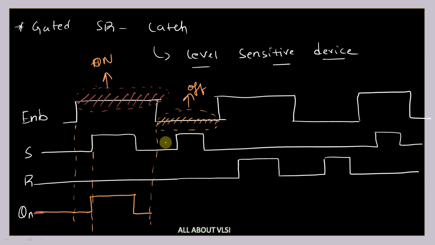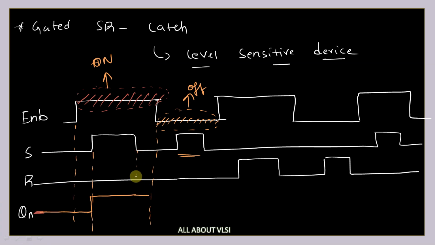And if you can see here, S is becoming 1 at the low level, whenever your enable signal is equal to 0. So here the latch is not going to respond to whatever inputs you give whenever your enable signal is equal to 0. So it is going to hold this particular signal, and let me erase this.